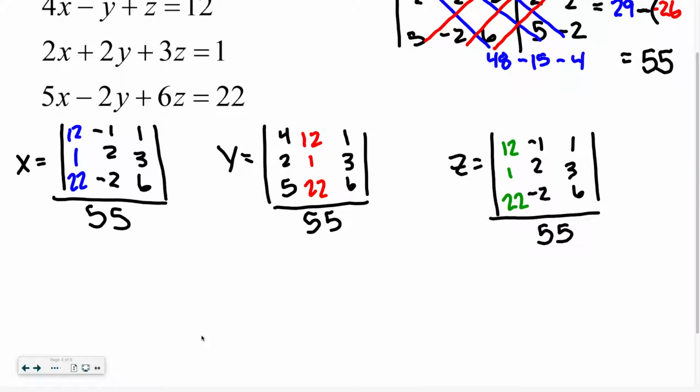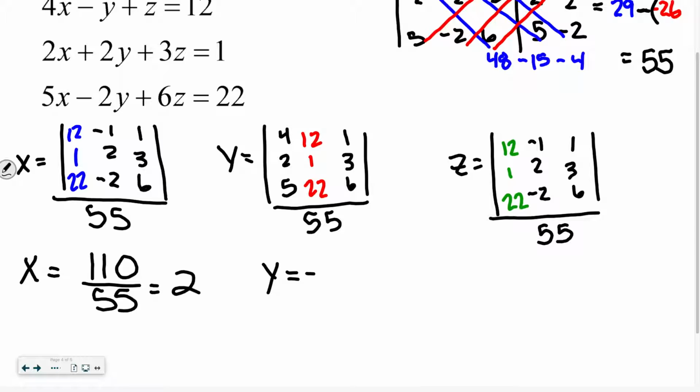Okay, my x groups over here. What did you get for the final numerator determinant value? 110 is correct. Okay, so it should be 110 divided by 55, which equals 2. So now we know x is equal to 2. Y groups, what did you get for your final answer in the numerator for the determinant? The final determinant in the numerator before you divide?